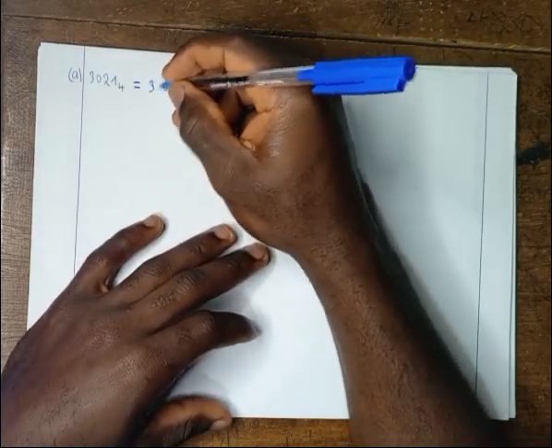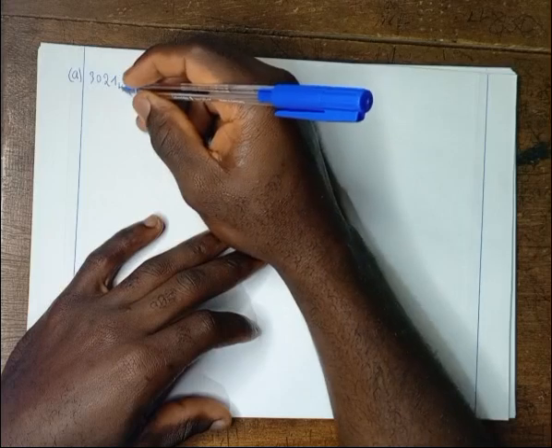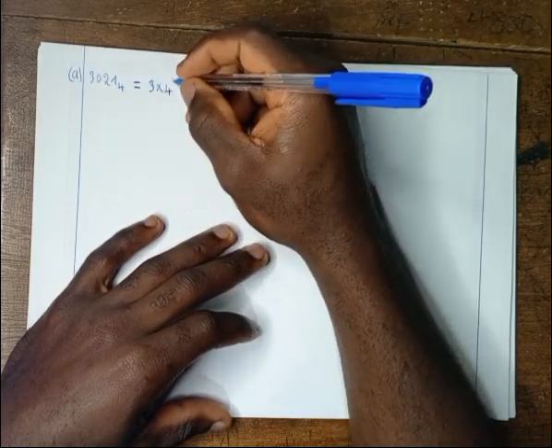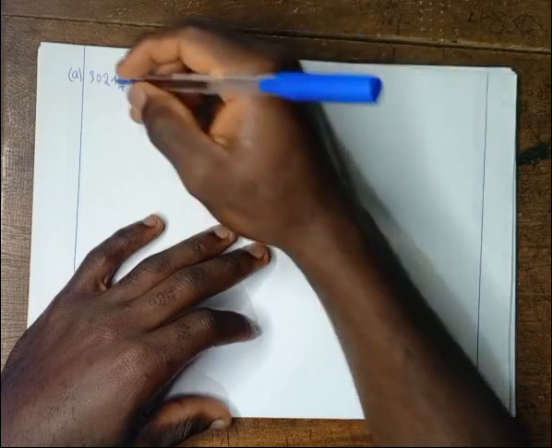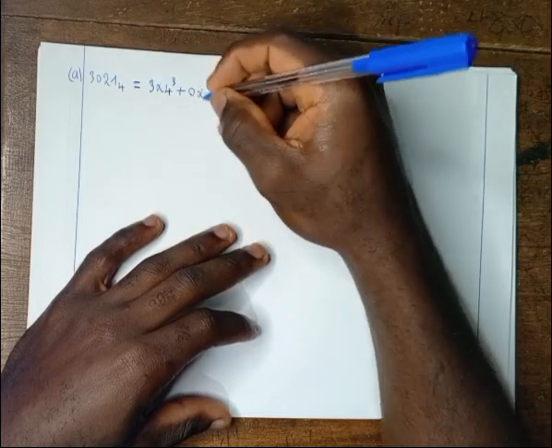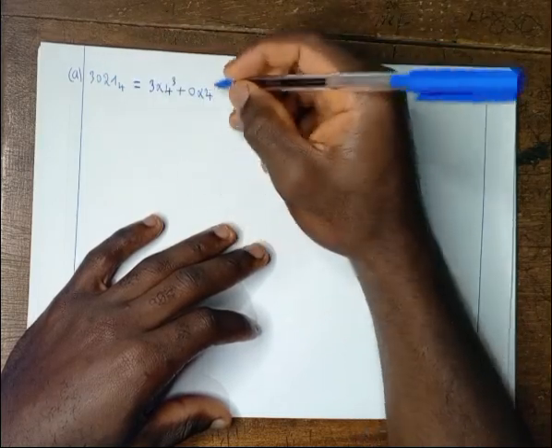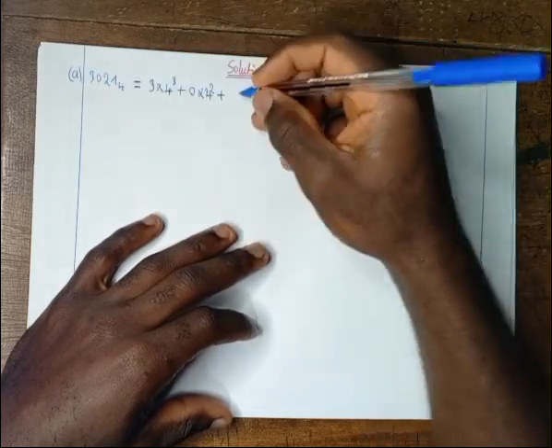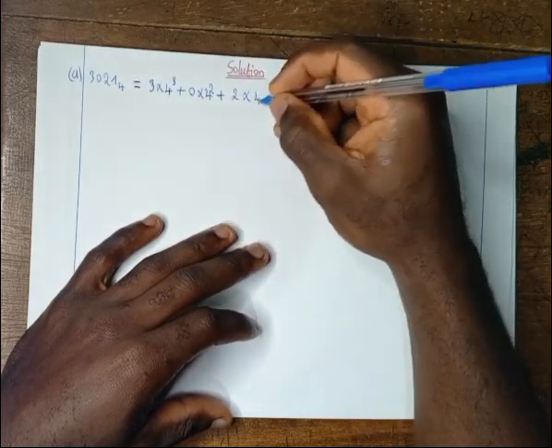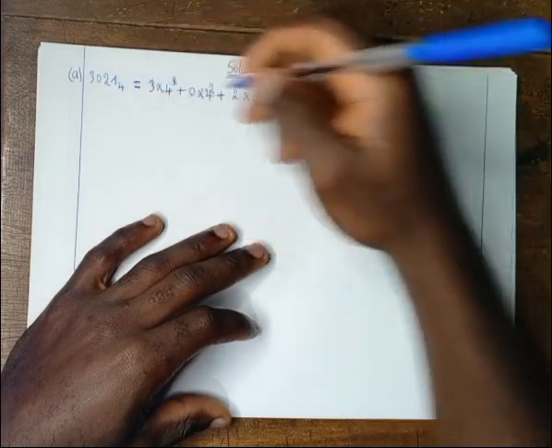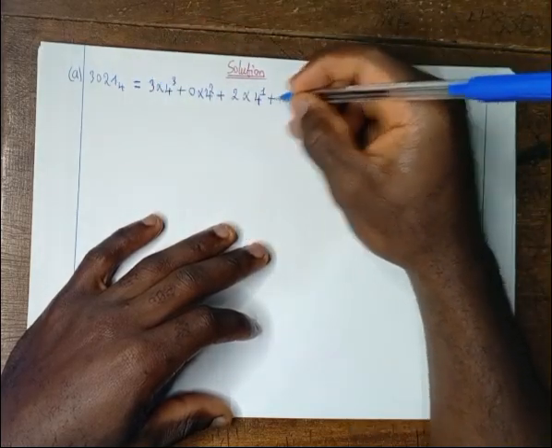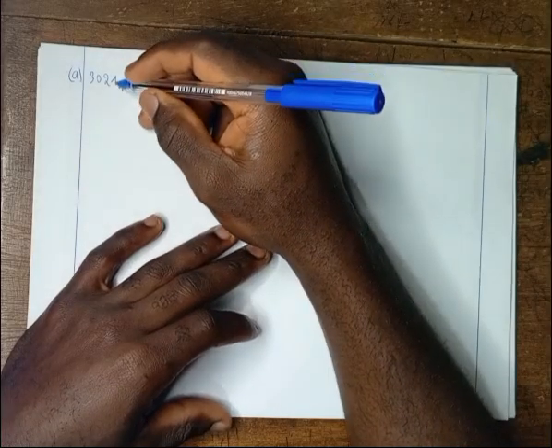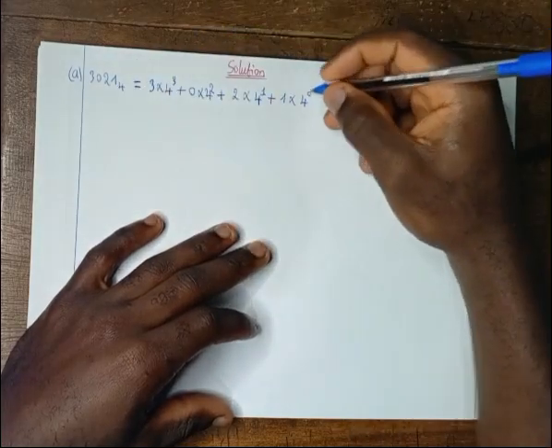This will give us 3 times 4, the base is 4. 4 will be raised to the power 3, plus the next digit is 0 times 4 raised to the power 2, plus the next digit is 2 times 4 raised to the power 1, plus 1 times 4 raised to the power 0.